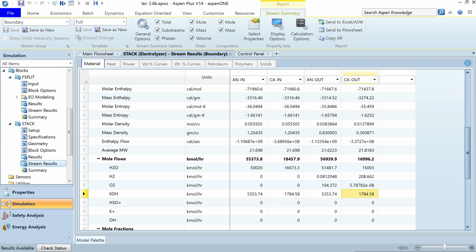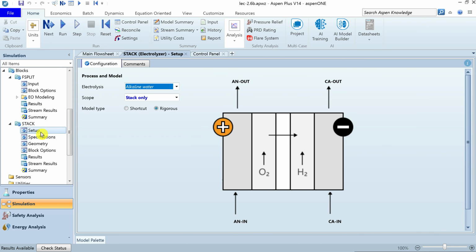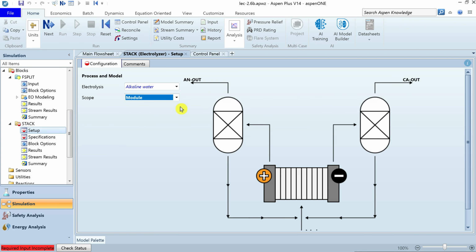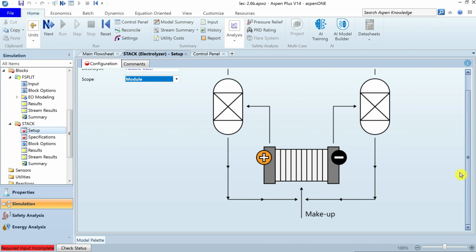Let's have a look at how to simulate a complete module that takes into account the flash separators to separate the product gases from the unconverted water. For that case, change the scope from stack only to module. In case of module, you don't need to specify anode and cathode streams individually.